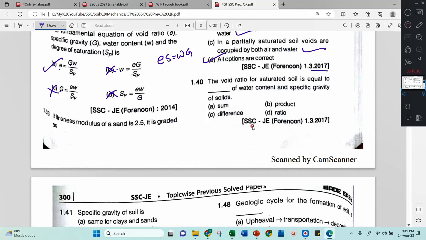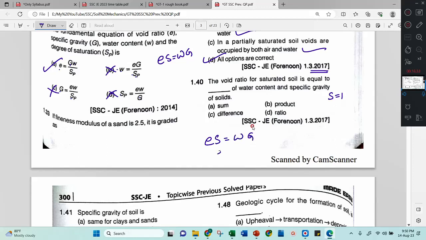See, this much easy questions they will ask. The voids ratio for saturated soil is equal to dash of water content and specific gravity. Voids ratio of saturated soil. Saturated soil means S equal to 1. We will write the equation eS equal to wG.